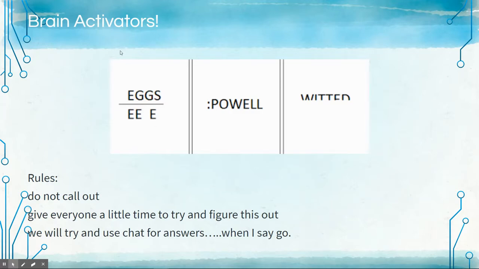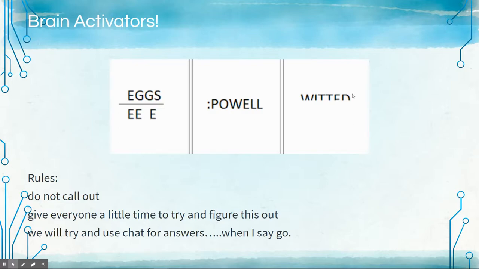Our middle one here, we have a colon and then the word Powell, and this is a person, Colin Powell. He was a Secretary of State under President George W. Bush. He was a 4-star general and was the first African American ever to be Secretary of State of the United States.